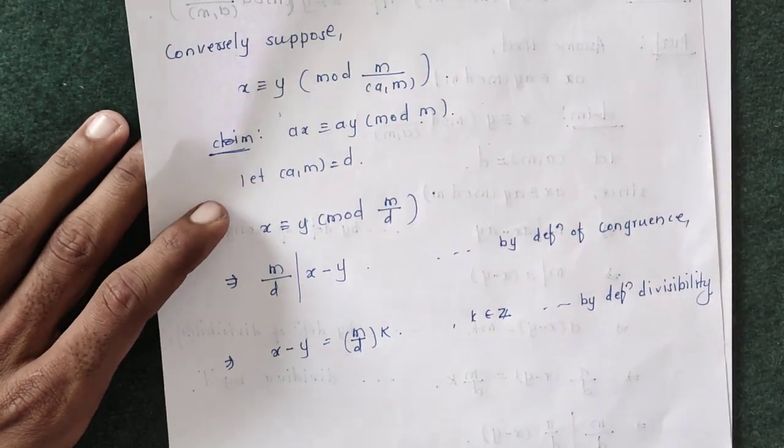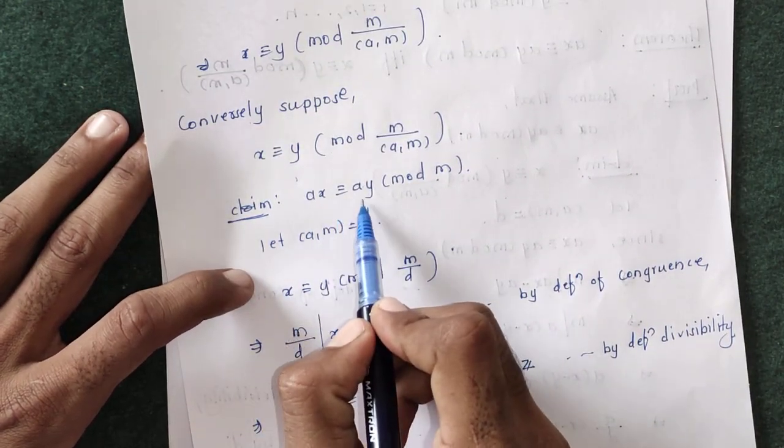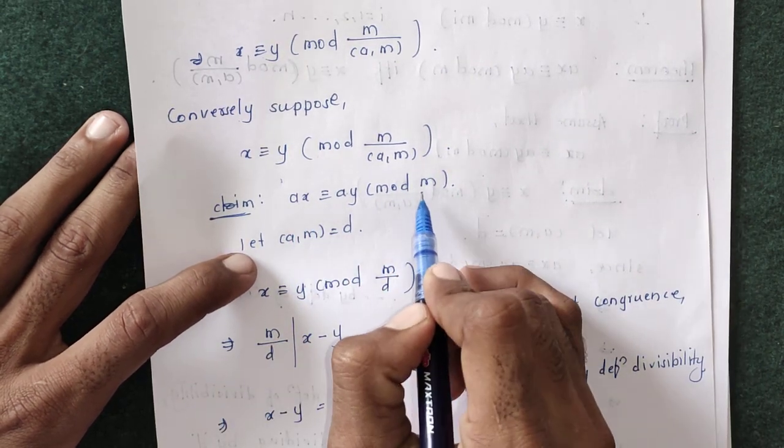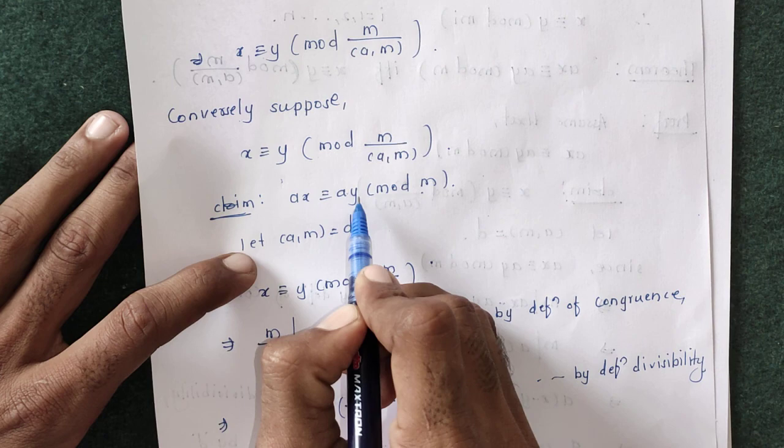But we are going to prove ax is congruent to ay modulo m, that is, for this step we must get m divides ax minus ay.